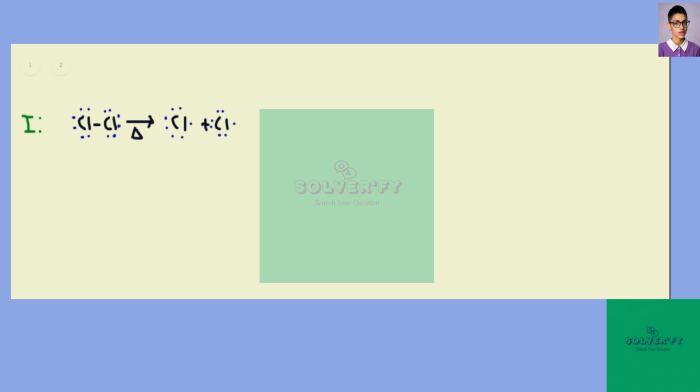Now we have an active radical species in this reaction. Next we're going to have our propagation steps, and they're going to look like this.